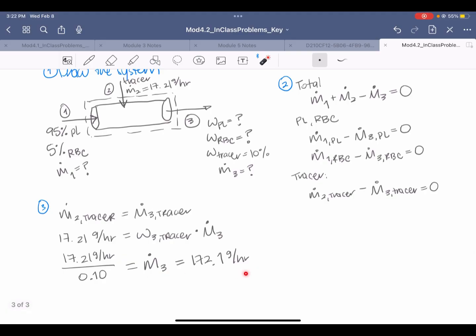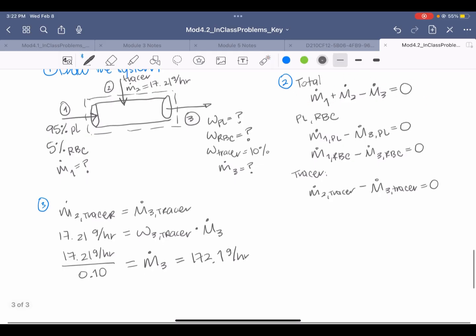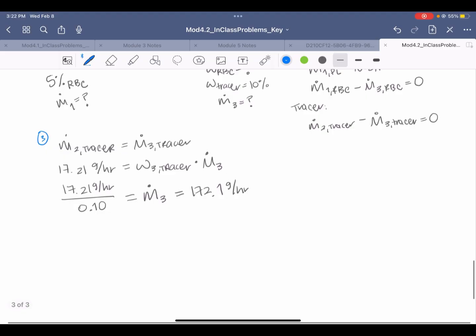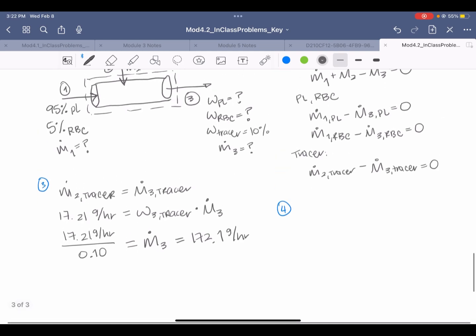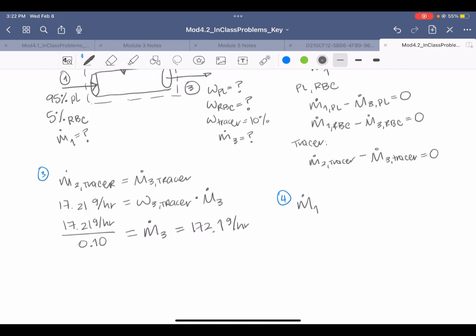And since I know this, I know stream 2 now, I can go ahead and use my total mass accounting equation to get there. So I'll go ahead and do that. M1 plus M2 minus M3 is equal to 0. Therefore, the mass flow rate in stream 1 is equal to M3 minus M2.